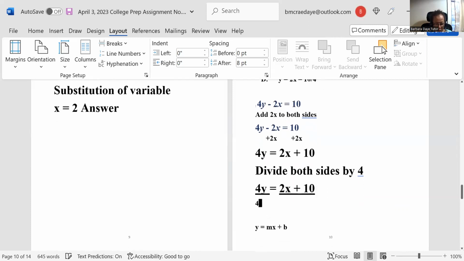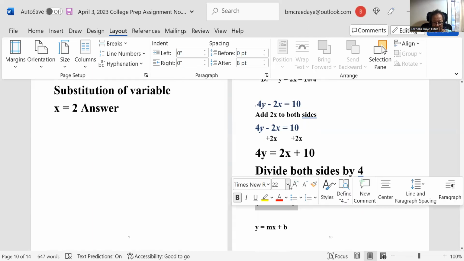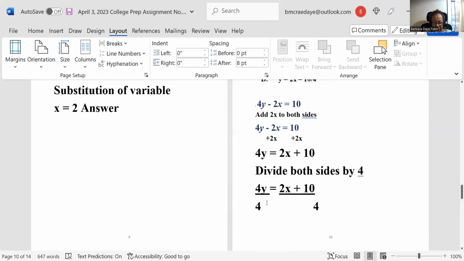There we go, a 4, and put a 4 here on the right. Okay, now I'll make that bigger so we can all see it. Okay, now let's bring that up some.